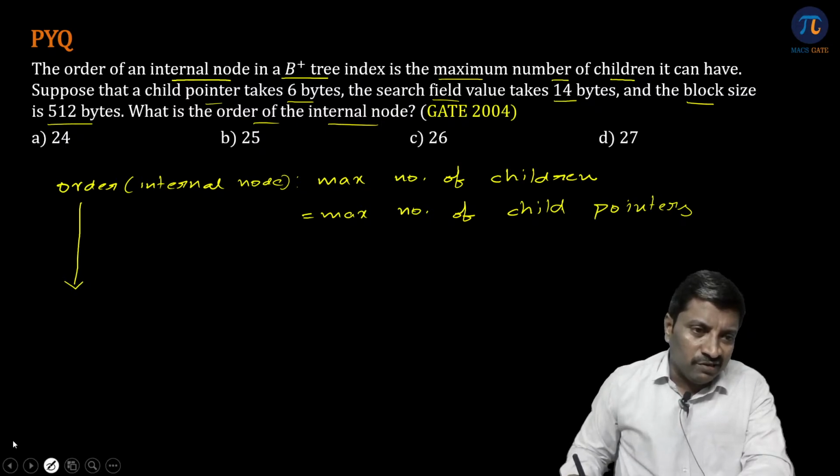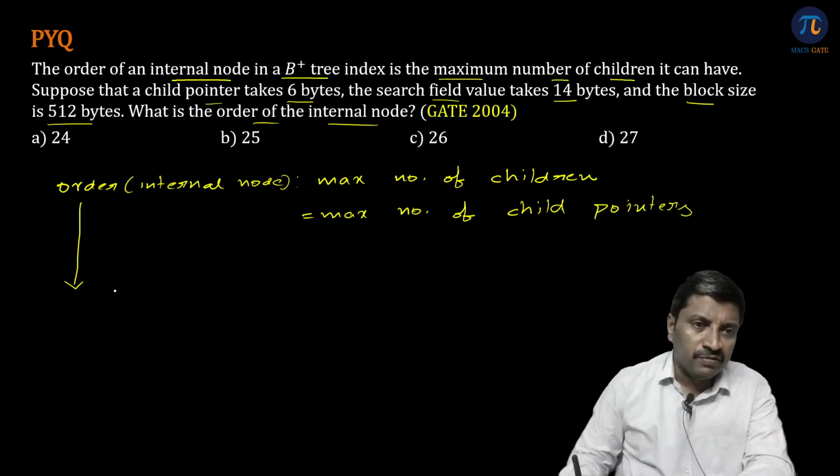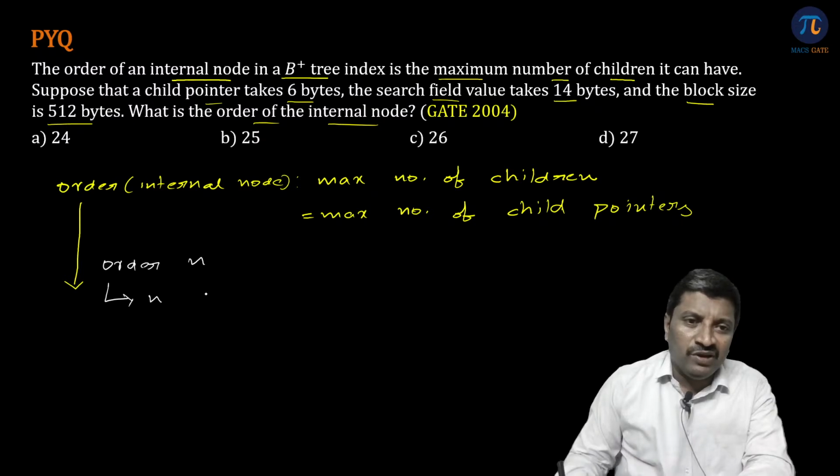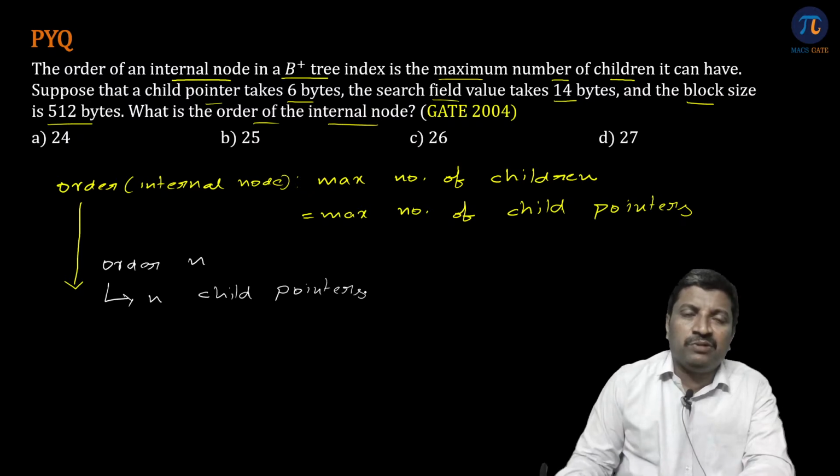According to the definition of internal node, if I assume the order equals n, what will happen, sir? It will have a maximum of n child pointers. Am I right, sir? Anything else?